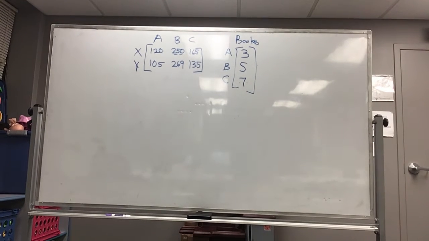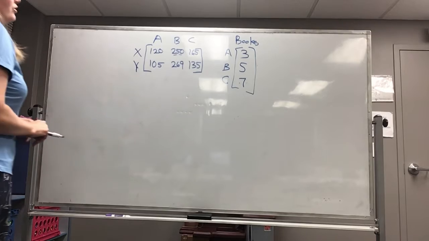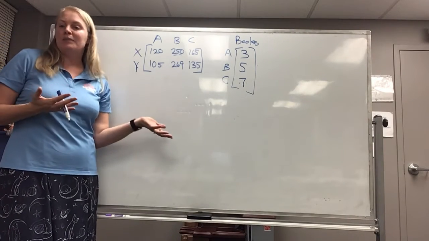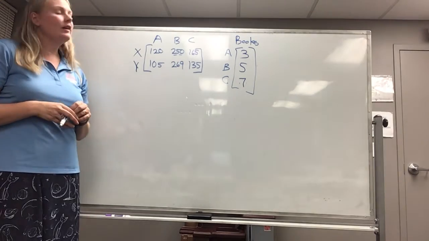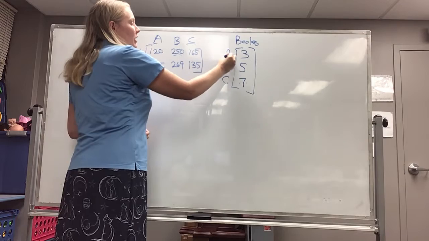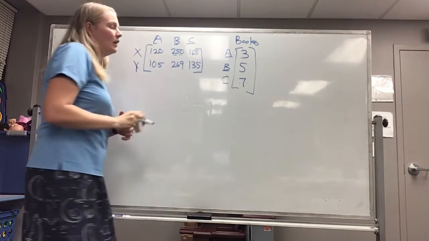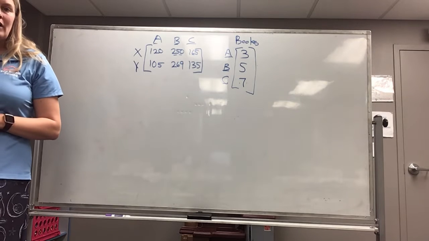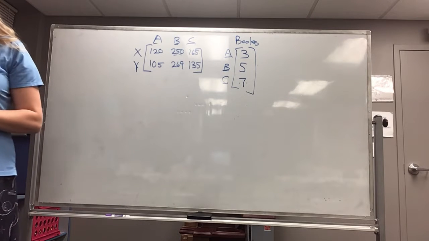And so even more so than the dimensions matching for a standard can-this-be-multiplied problem, here it's important that this A, B, and C is the same information as A, B, C. It's talking about the courses that were offered at this college.